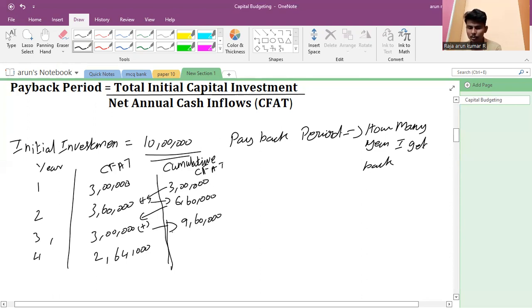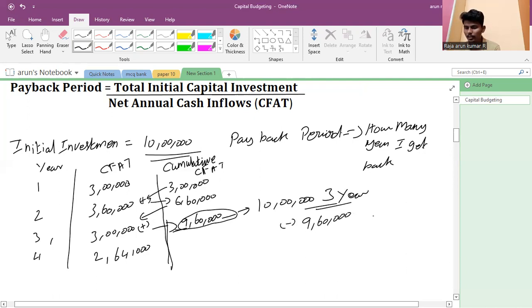We almost reach the 10 lakh in the third year, at 9,60,000. The balance of 10 lakh minus 9,60,000 is 40,000.